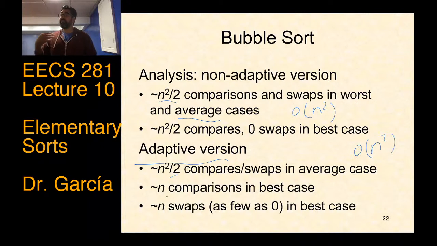Then bubble sort is actually a bit smart in being able to detect that, because you'll only run the outer loop once, determine that there's no swaps to be done, and then you can exit out early. So that goes to as few as 0 swaps for the best case.